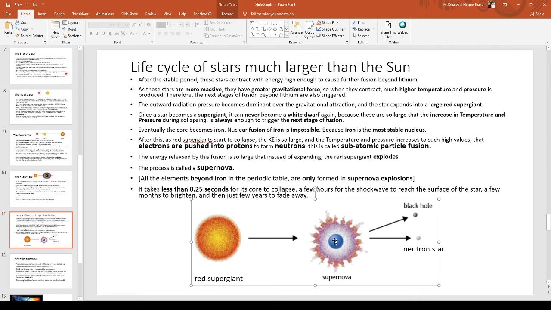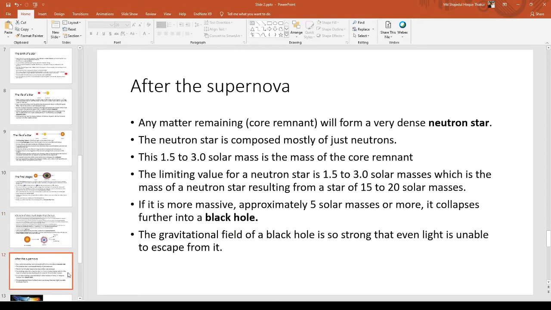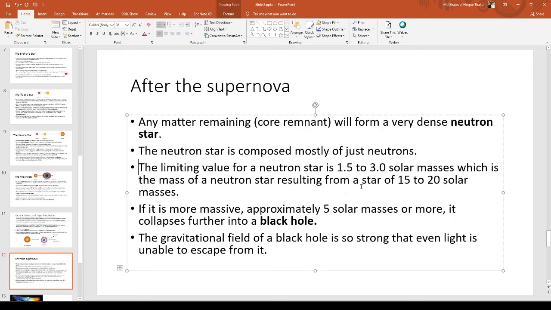Just that core remnant forms the neutron star, and the mass of that core remnant can be about 1.5 to 3 solar mass. This is the limiting value. So that's very important. The limiting value for a neutron star is 1.5 to 3 solar masses.